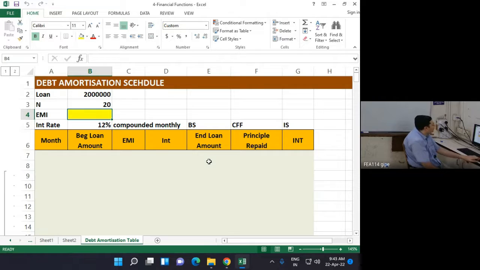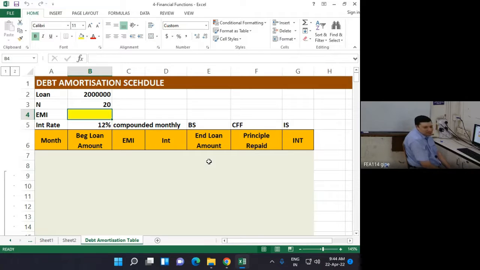can you find and tell me what will be the EMI? EMI, equal monthly installment. So what is the amount? Can you tell me? We did this in the last class, how to find the EMI. Payments.